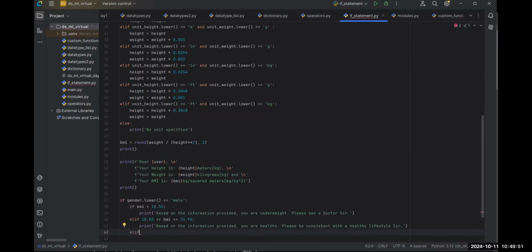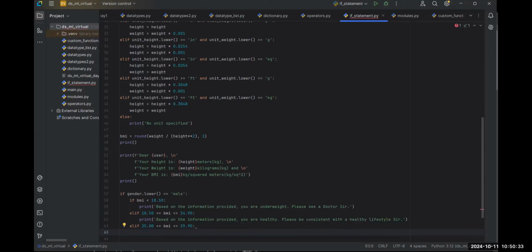Now let's go again. Elif, for BMIs between, remember we have 25.0 and 29.9 for those who are overweight. So 25.00 less than or equal to BMI, now less than or equal to 29.90, right?